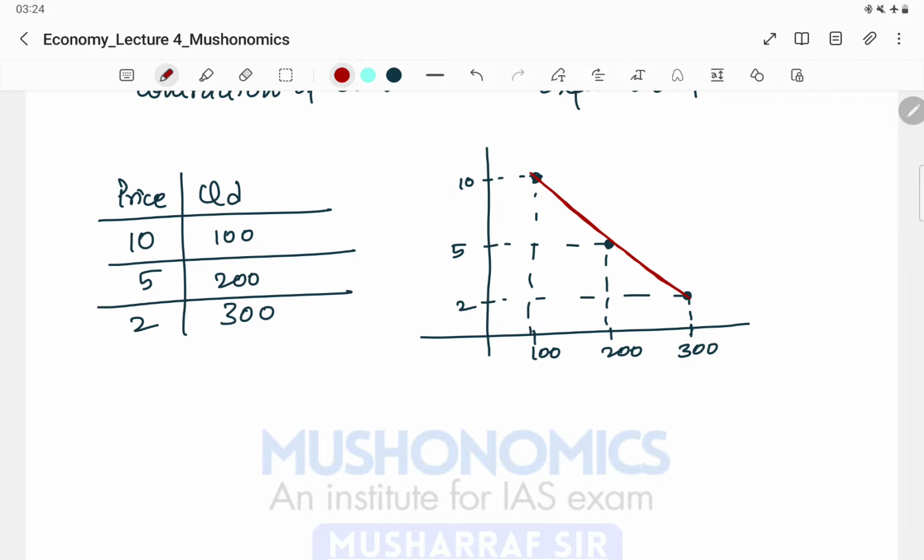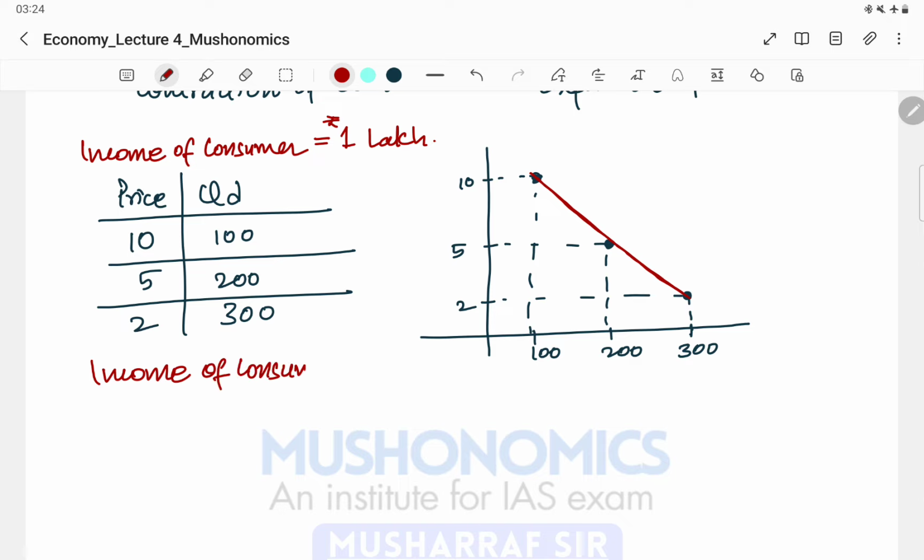Now suppose here the income of the consumer was 1 lakh rupees. And now suppose income has increased to rupees 2 lakh.